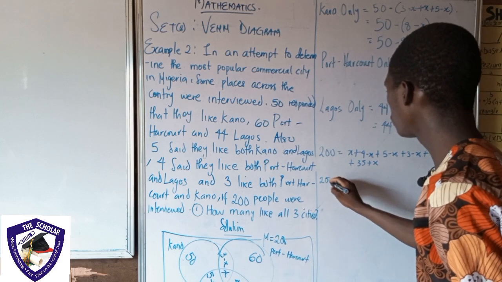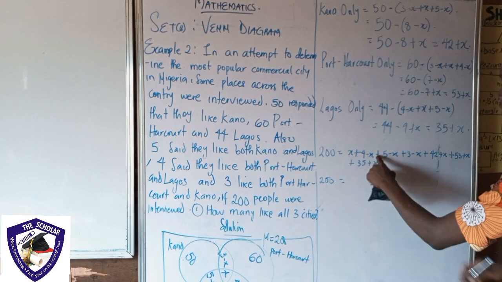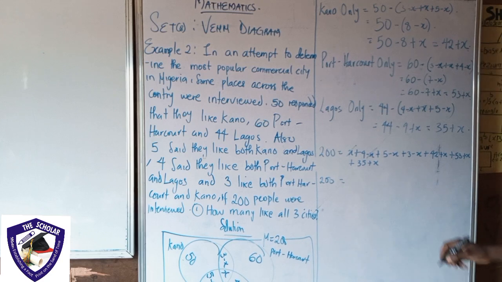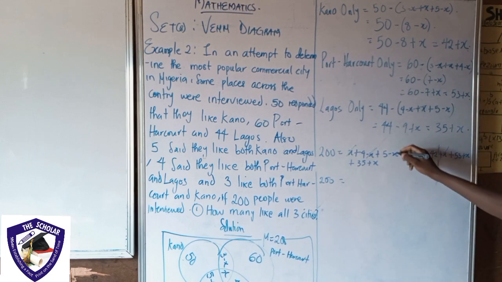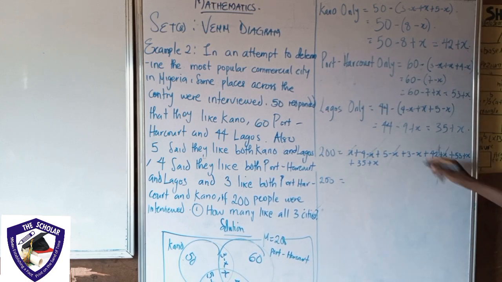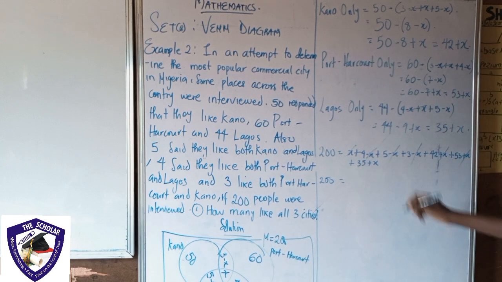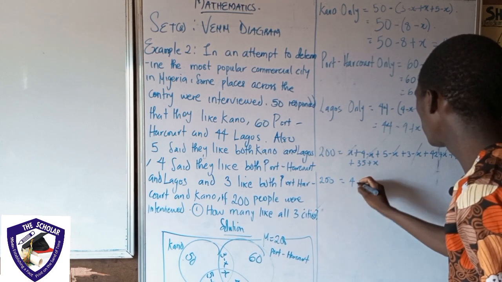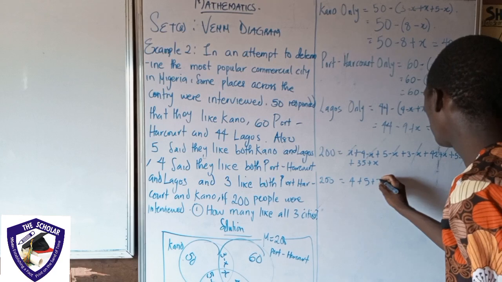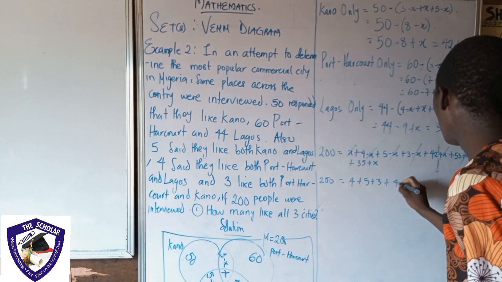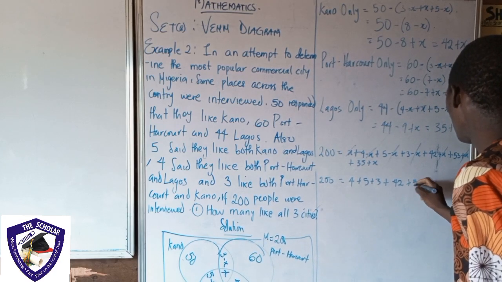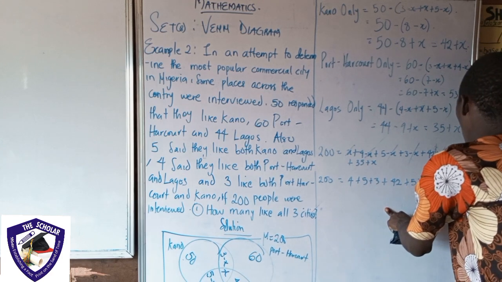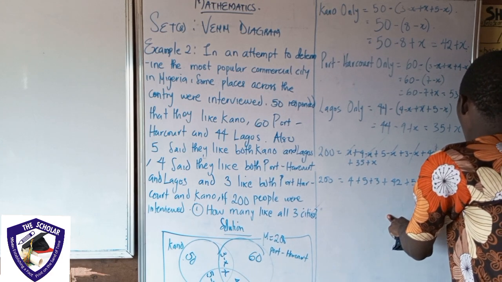So here you have 200. So we have x minus x eliminated already. Here you have eliminated already. Here you have this eliminated. So you have your 4 plus 5 plus 3 plus 42 plus 53 plus 35 plus x.